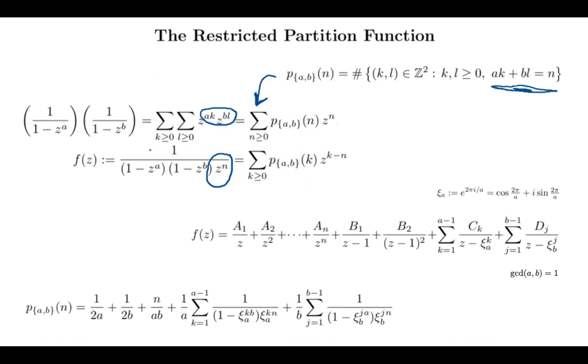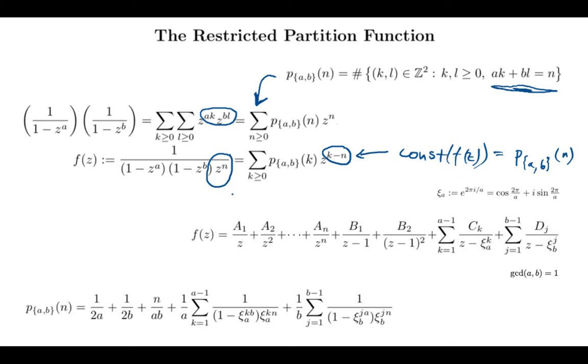And my goal is to compute the constant term of this function. Because the constant term, so constant term means that this exponent is 0. And so the constant term is precisely what I'm looking for. It's precisely this partition function evaluated at n.